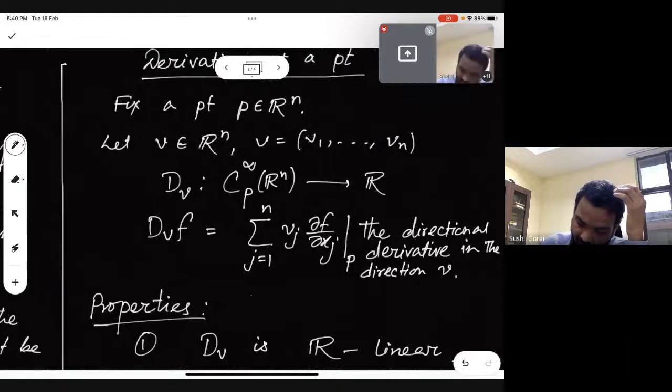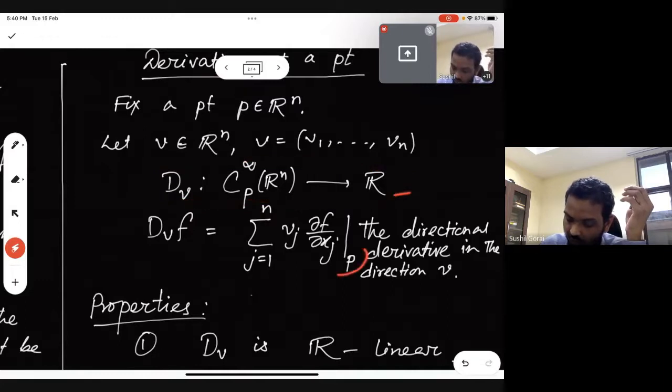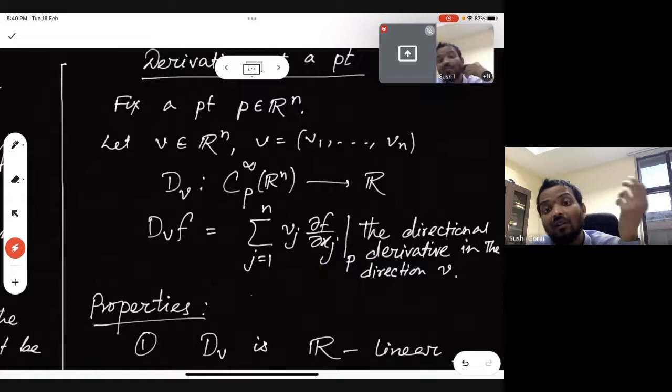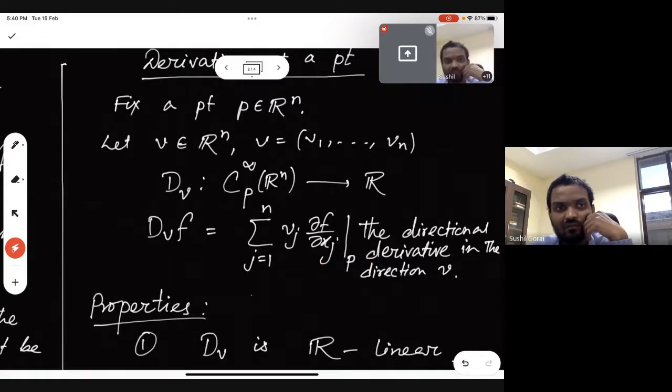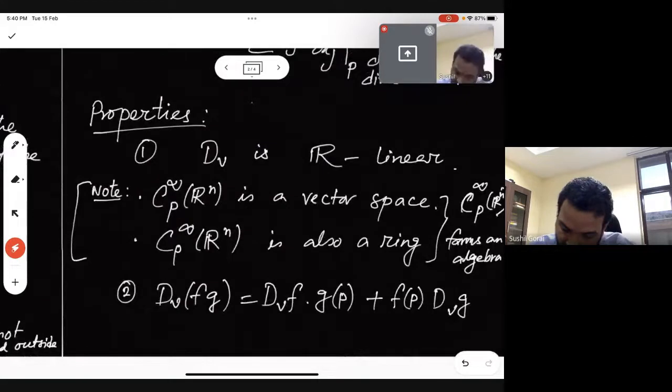So if you do not evaluate at p, it will not give a number. You will get a function in a neighborhood of p. That's what we don't want. Any question here?